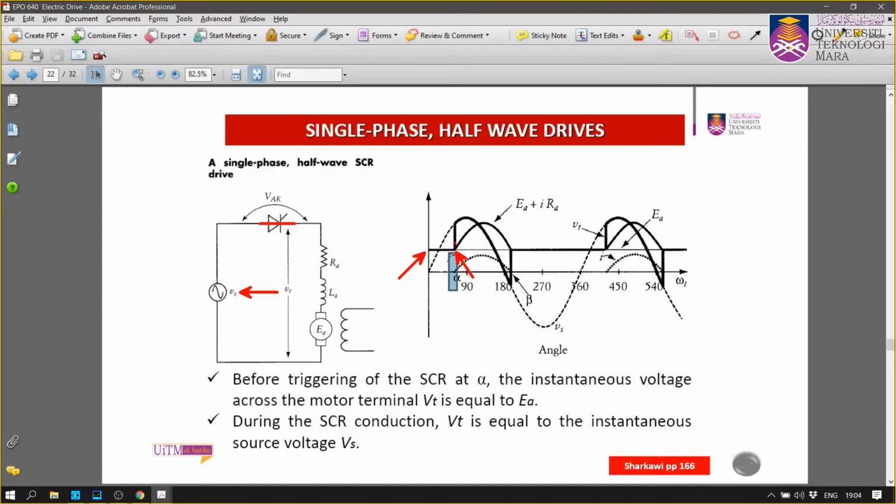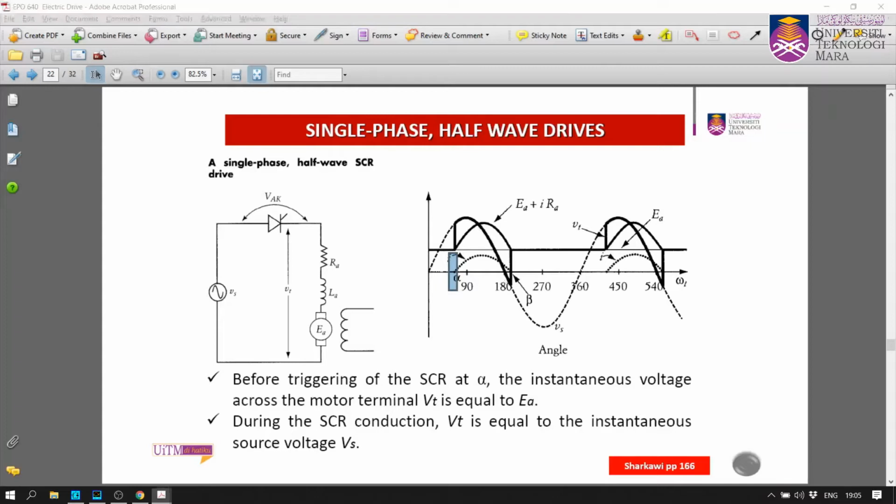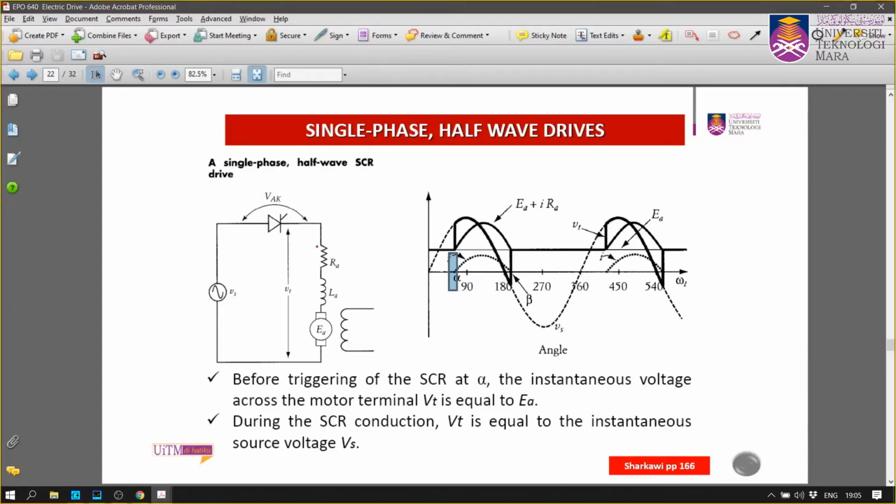From there on, it will copy the input voltage until it goes to the negative half cycle. When it goes to the negative half cycle, the thyristor will stay on, because of the inductor here: current still flows in that direction even though Vs is negative.